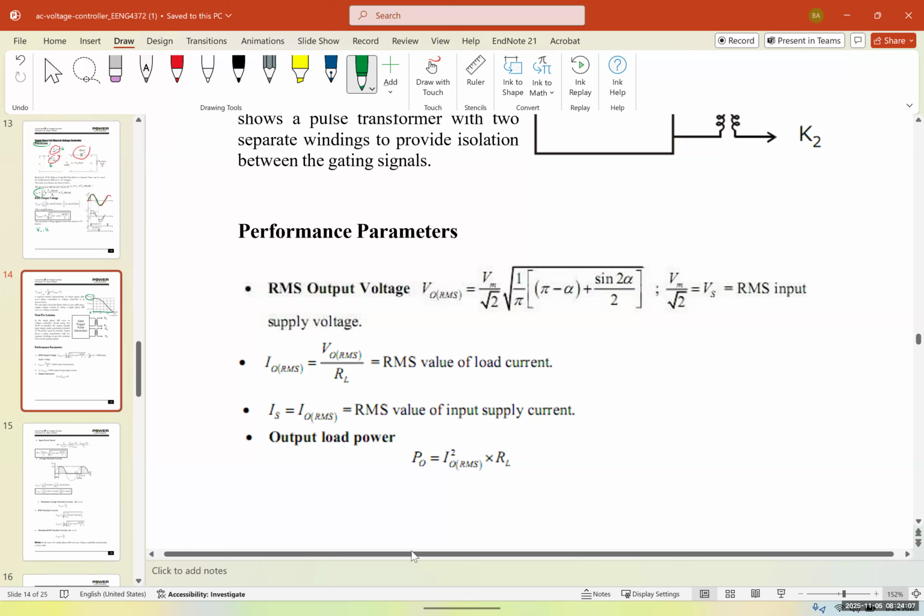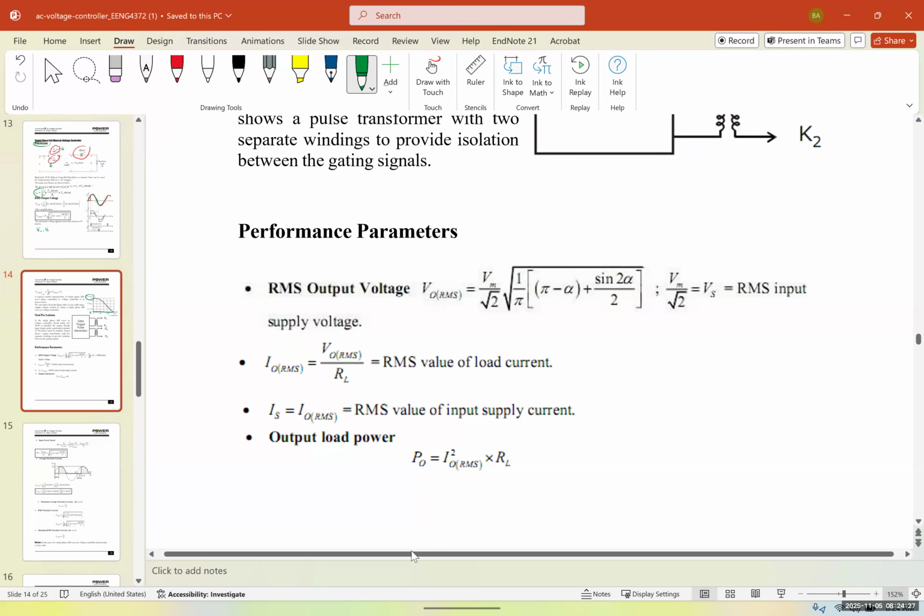V out RMS is going to be Vs, or the RMS input supply voltage. I out RMS is going to be V out RMS over RL, which is the RMS value of the load current. IS is going to be equal to I out RMS, or the RMS value of the input supply current.